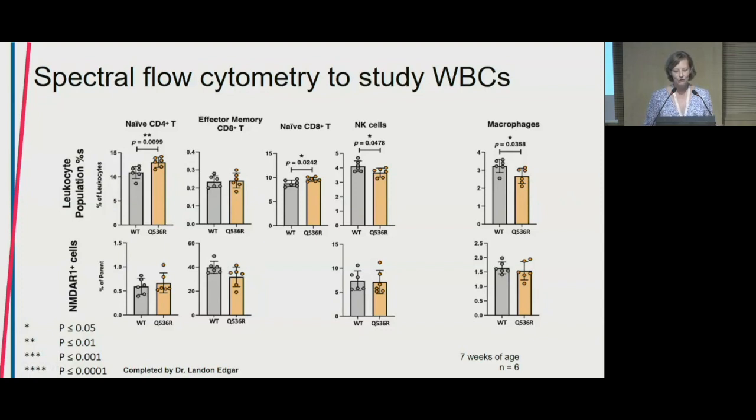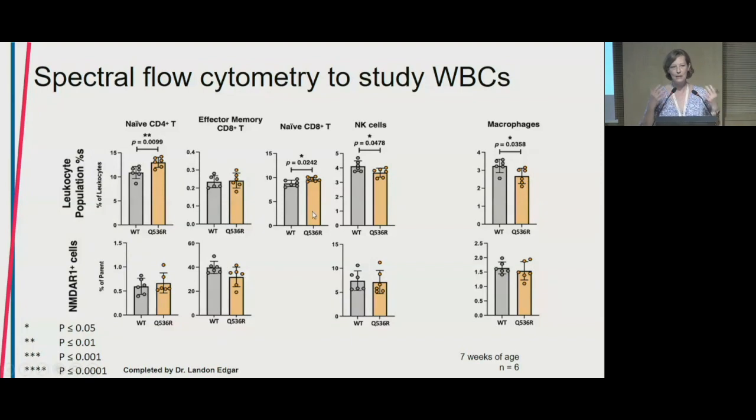But in those cells, we actually didn't see a difference in the number of those cells, but there could be a difference in the function of those cells. We did see differences in the amount of naive CD4 positive T cells and naive CD8 positive T cells.